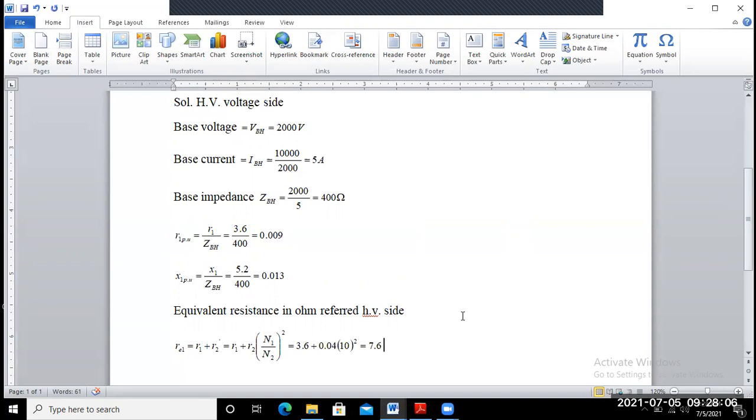Xe1 per unit equal to 7.6 divided by the base impedance. So Xe1 per unit equal to 7.6 divided by 400 ohm. So 7.6 divided by 400.